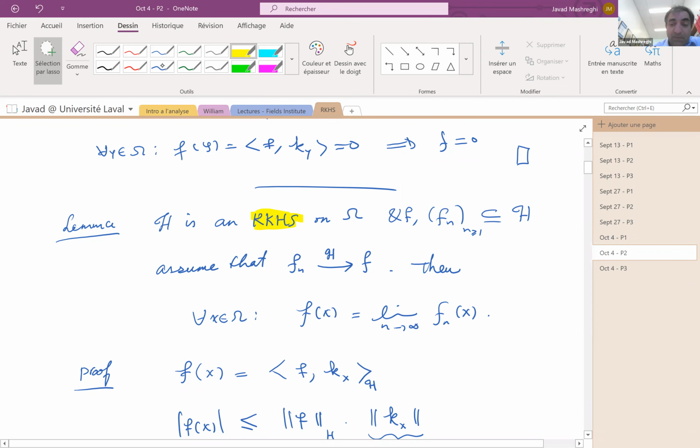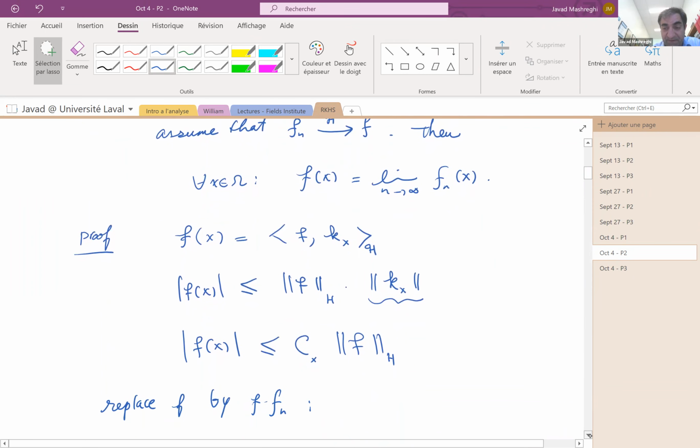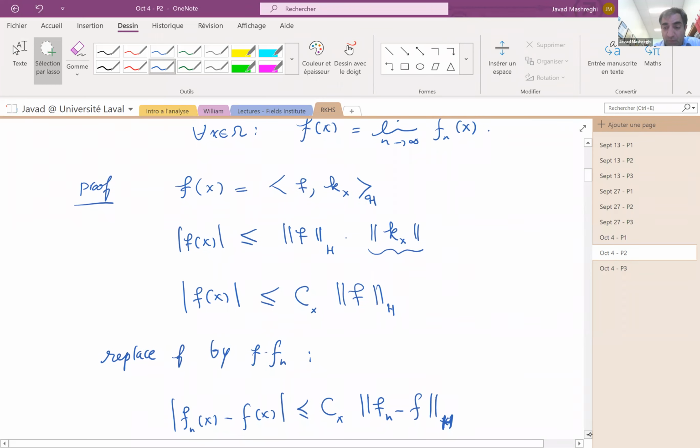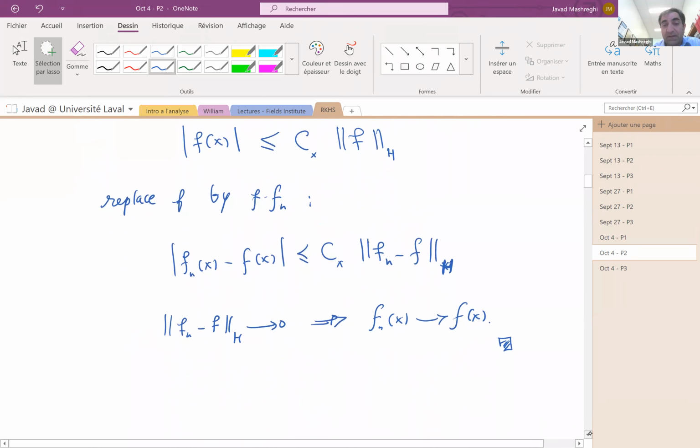That's the first comment. But there is another, probably that's why such a proof is given. Uniform convergence is not part of the definition.